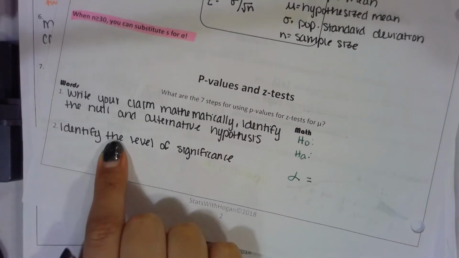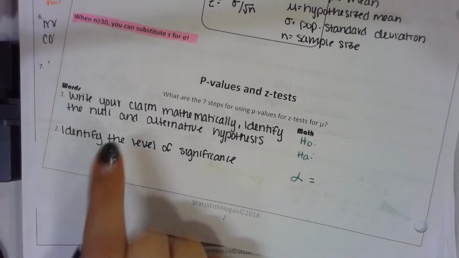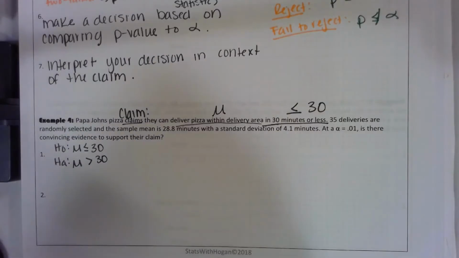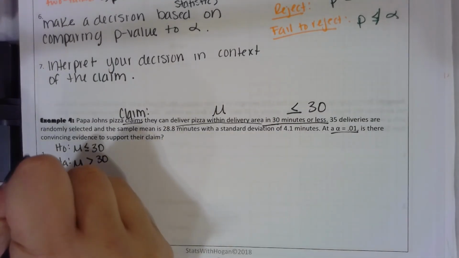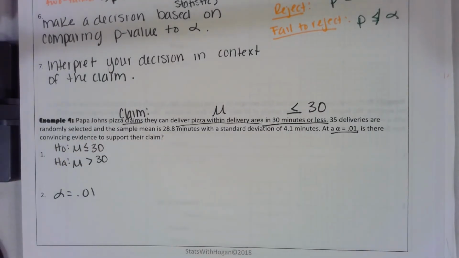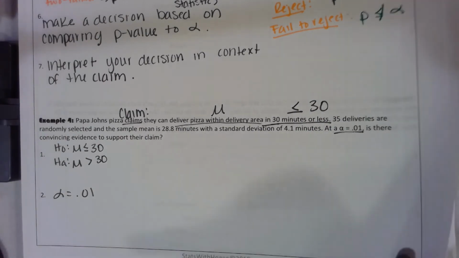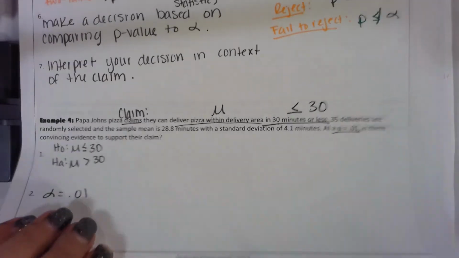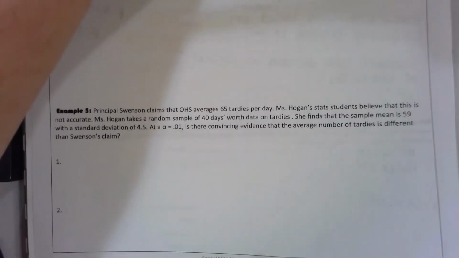So continuing to read, it says 35 deliveries are randomly sampled. Sample mean is 28.8 minutes with a standard deviation of 4.1 minutes. Now your hypothesized mean is going to be the number from your claim.